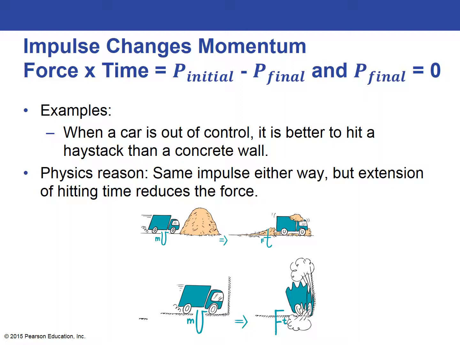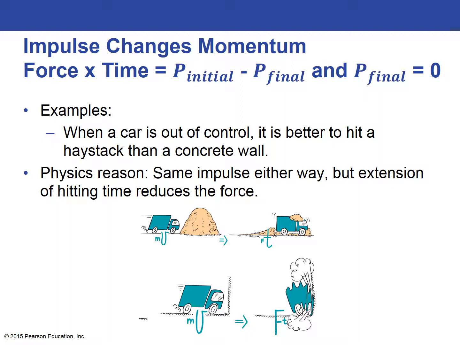So since the change in momentum is the same in both cases, and the time during which the momentum changes is much shorter in the case of hitting the brick wall, then we can conclude that the force of impact is much higher than in the case where the truck hits the haystack.